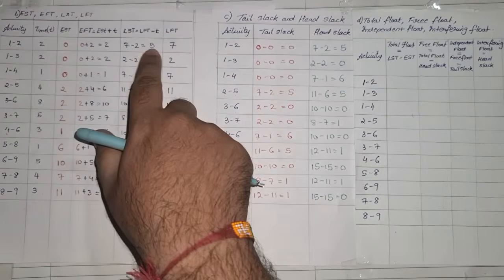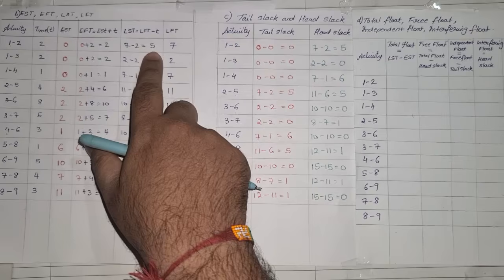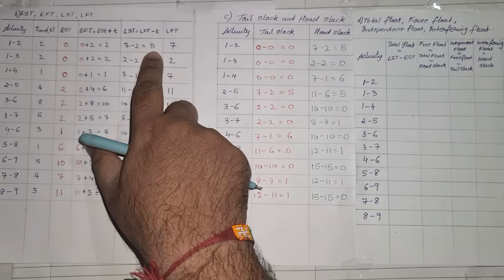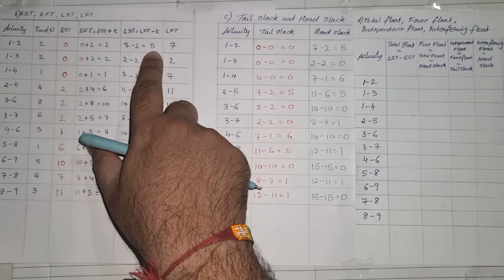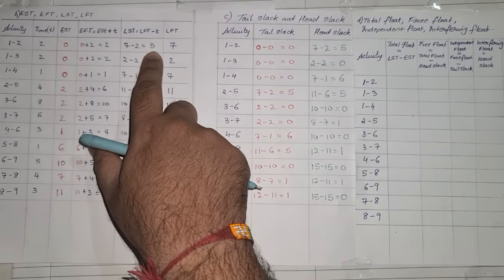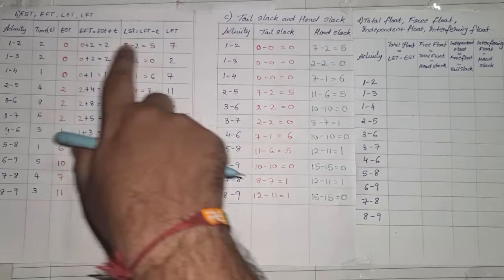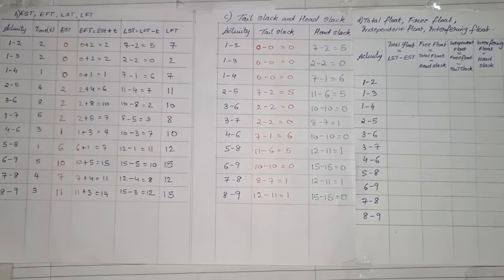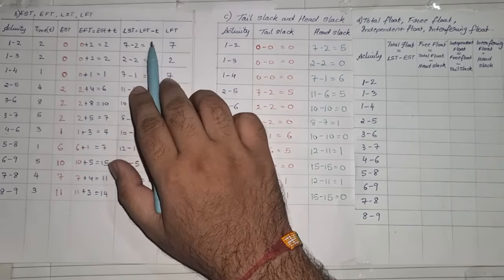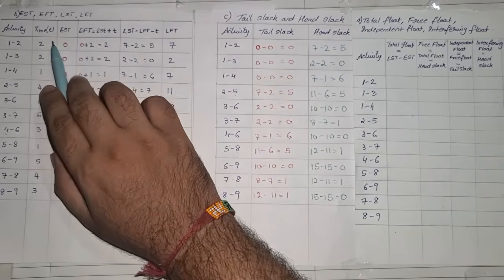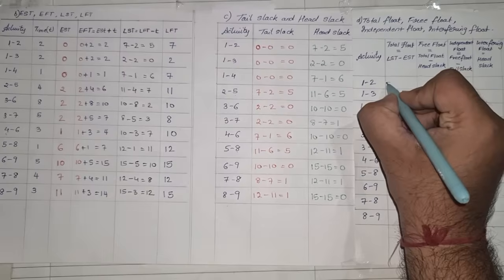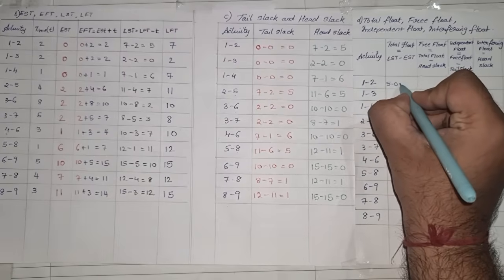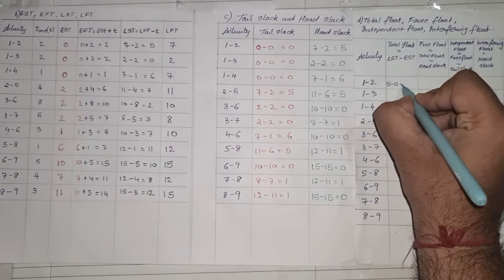Latest start time minus earliest start time. This is my earliest start time, this is my latest start time. So latest start time is 5, earliest start time is 0. So I'll write here 5 minus 0 is equal to 5.